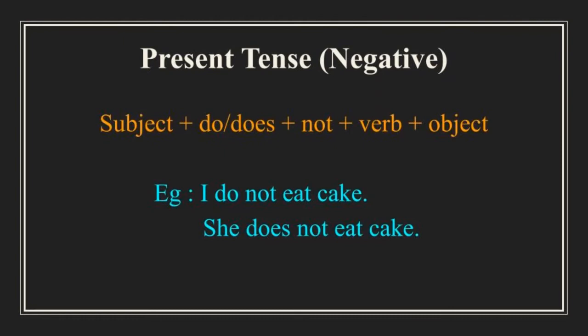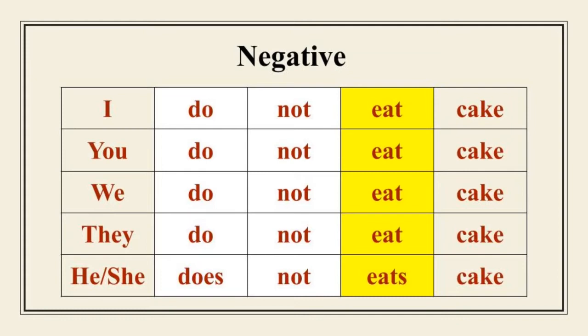Students, you should keep one thing in your mind. For first person and second person we should use do not. For third person singular we should use does not before the verb. Let us see some examples of negative sentences. Look here, a table is given. It is divided into 5 columns.